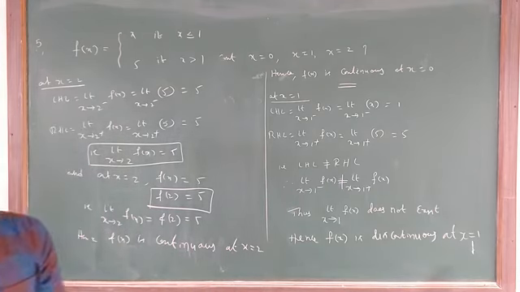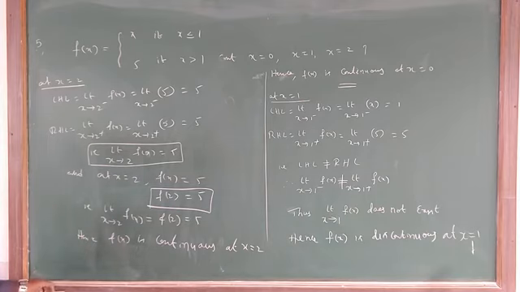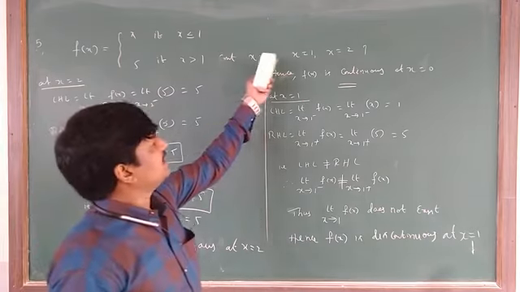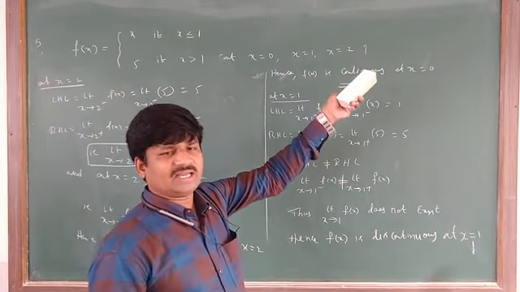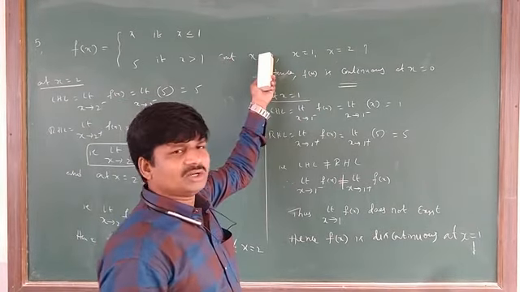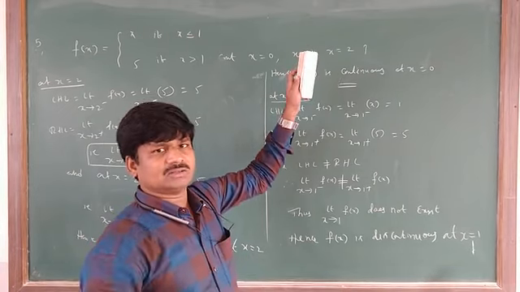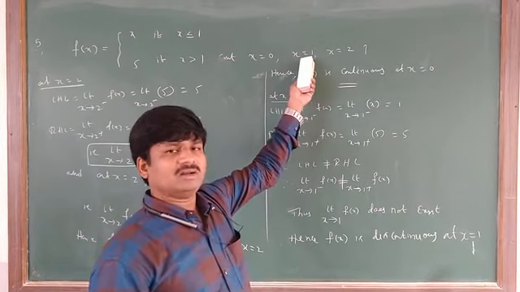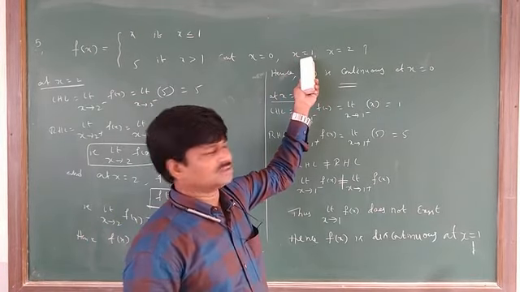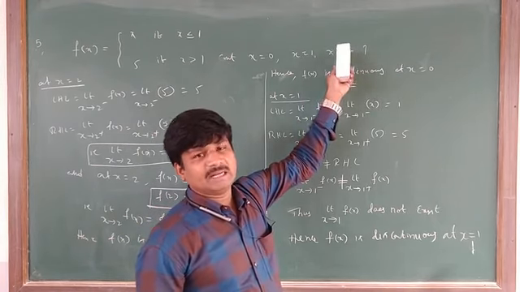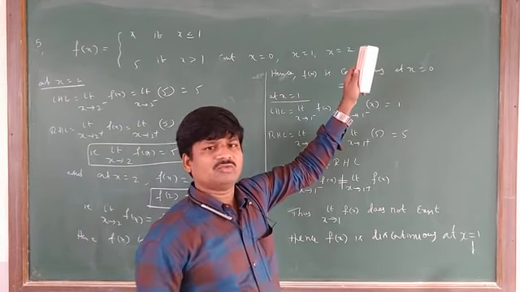Okay. So did you get this one? Like this, you have to solve these questions. Why? Because directly at 0, at 1, at 2 is asked. That is why we have to find left limit at 0, right limit at 0, f of 0 also. Here also left limit at 1, right limit at 1, f of 1 also. Left limit at 2, right limit at 2, f of 2. We have to find all these values.